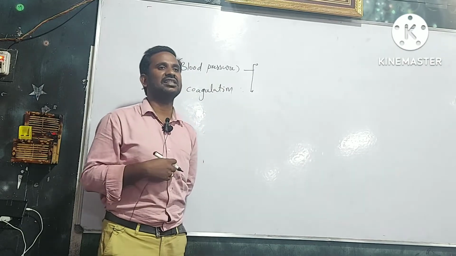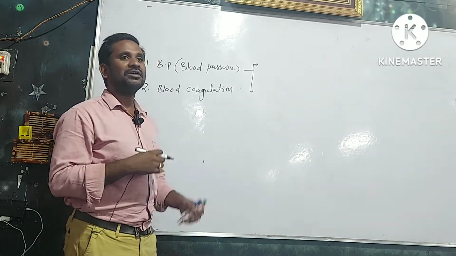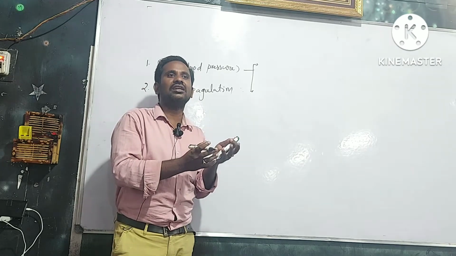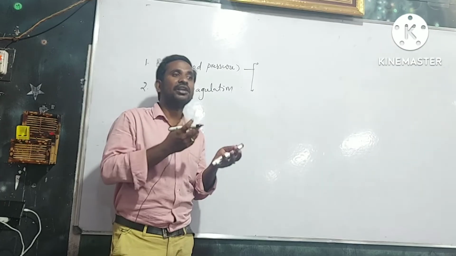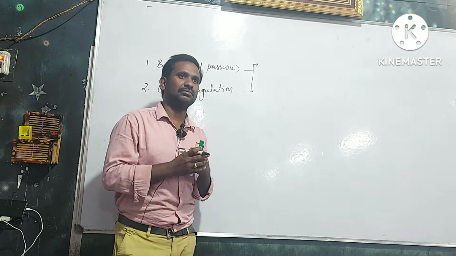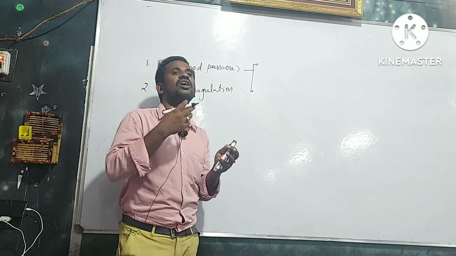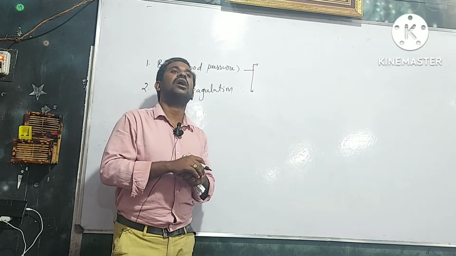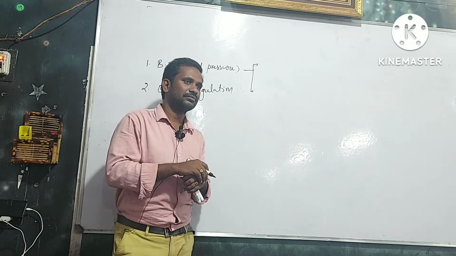We already discussed this earlier. Based on the mass of the heart, we can see the importance of circulation, how much distance it needs to circulate. Based on that, the pressure of the heart will differ.